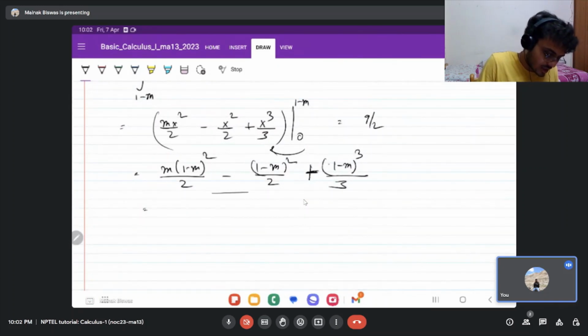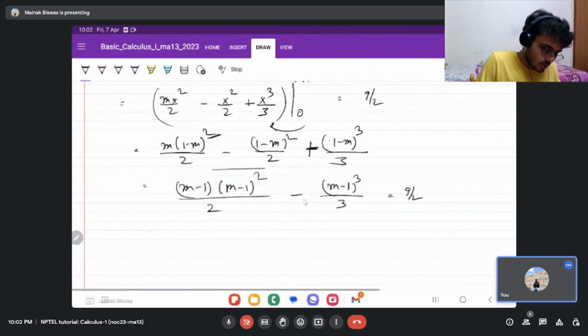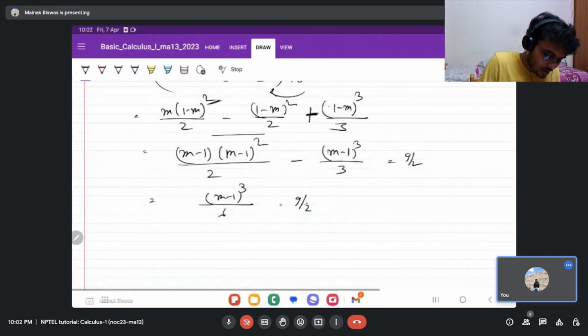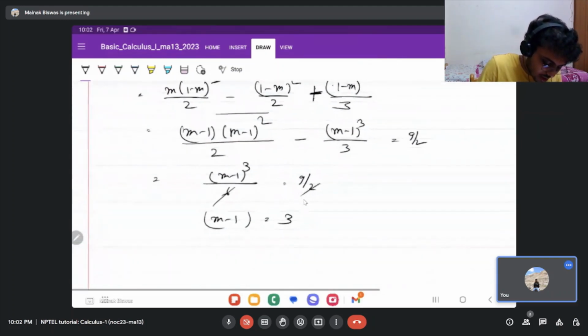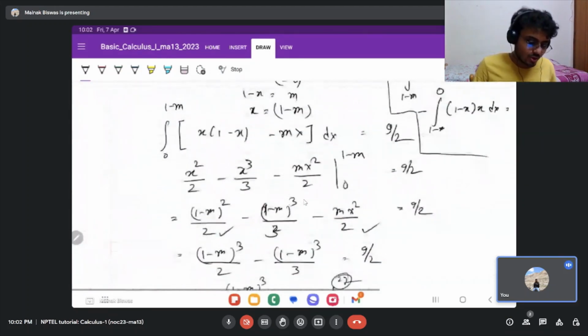If you take the common factor, you will have (m minus 1) into (1 minus m) squared, so it's always positive, so m minus 1 is equivalent to (1 minus m) squared, minus (m minus 1) cube by 3 is equal to 9 by 2. So you get (m minus 1) cube by 6 is equal to 9 by 2. Again you have m minus 1 is equal to 3, m is equal to 4. So m equal to 4 would be a solution.